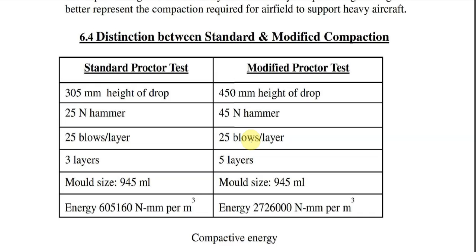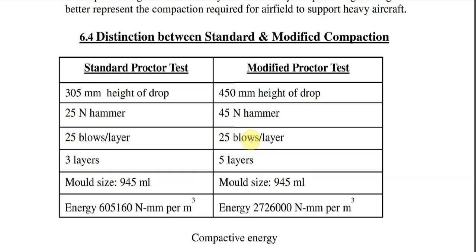Next, in standard Proctor test, the weight of the rammer is 25 Newton, that is 2.6 kg, but in modified Proctor test, the weight of the rammer is heavier, that is 45 Newton, that is 4.5 kgs. But in standard Proctor test, we are giving 25 blows per layer. In modified Proctor test, also we are giving 25 blows per layer. But in standard Proctor test, we are compacting soil in three layers.